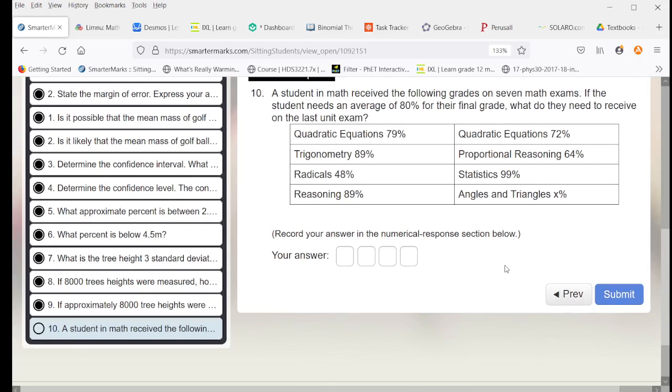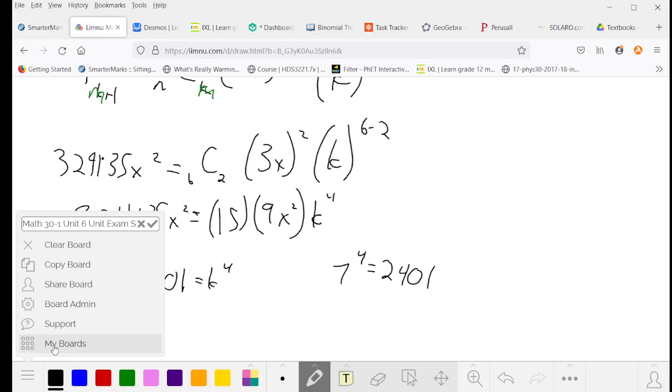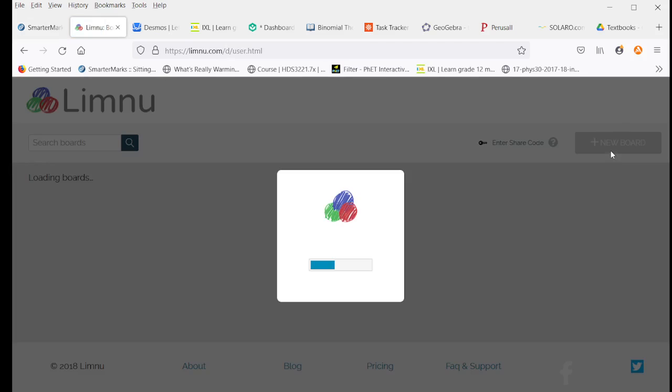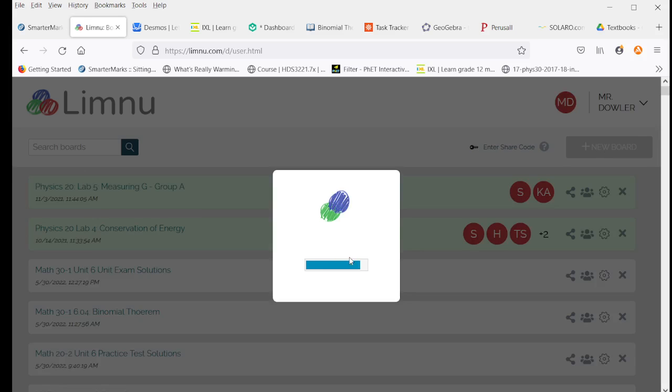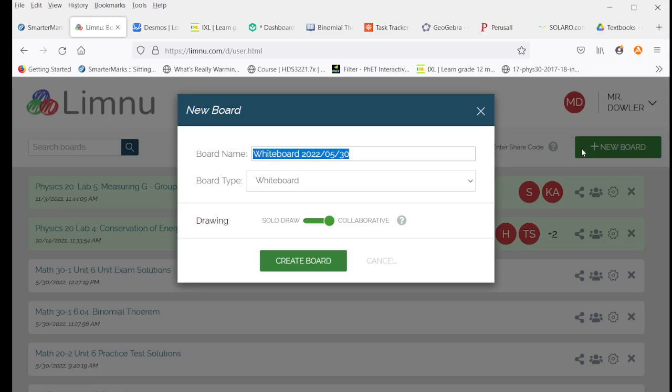So a student in math received the following grades on 7 math exams. If the student needs an average of 80% for their final grade, what do they need to receive on the last unit exam? So these 8 numbers have to average out to 80%. Well, let's make a new whiteboard for the solution of this one. And sorry, it's a bit slow.